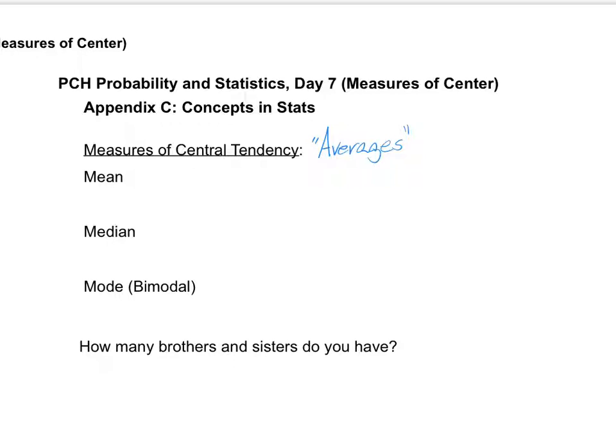Now, when you find the mean of a bunch of numbers, what do you do? You add them all up and divide by how many there are.